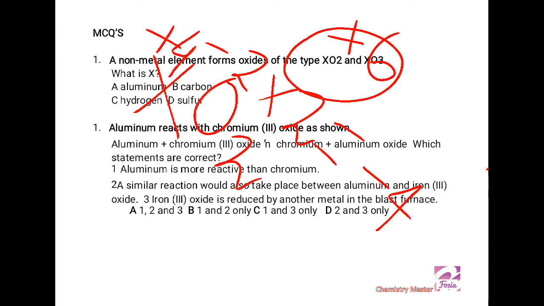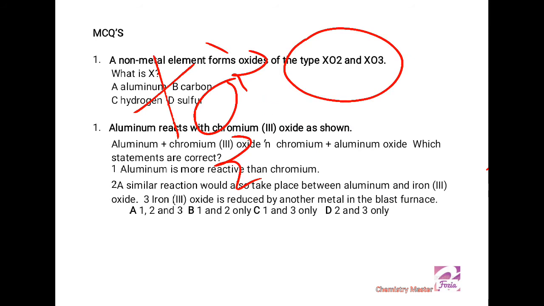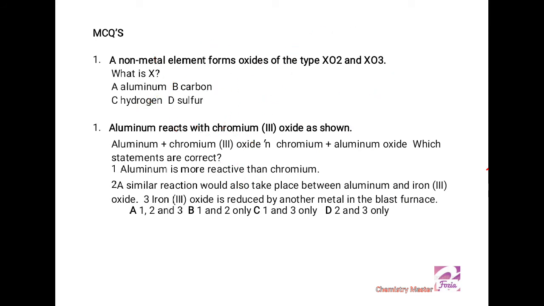So we see out of the 4 options, one of the options is a metal, that is aluminium. Aluminium is in group 3 and it has only 3 electrons in its valence shell.